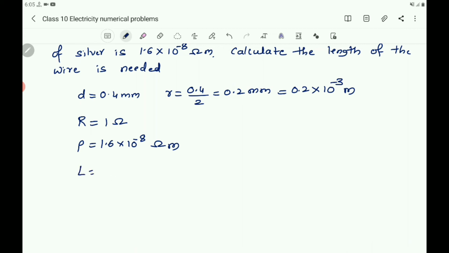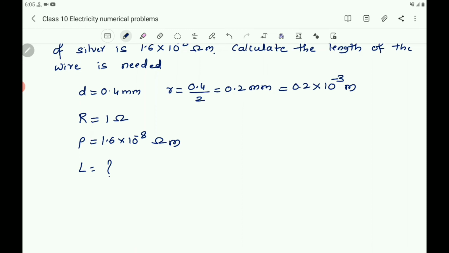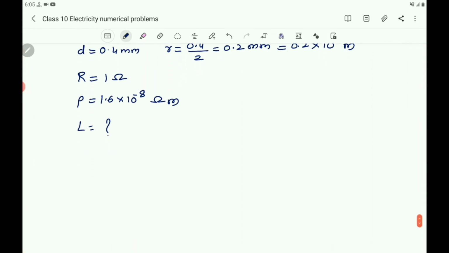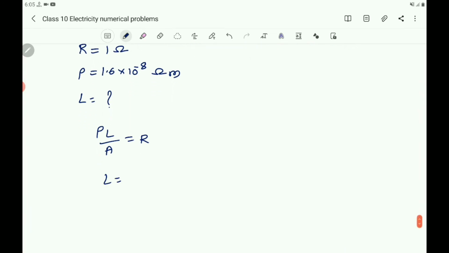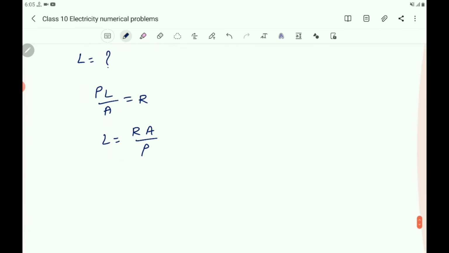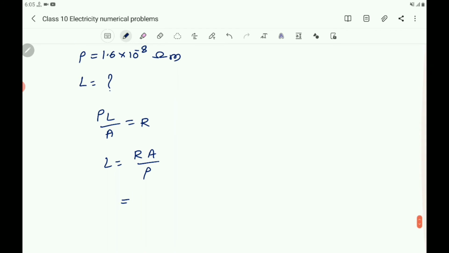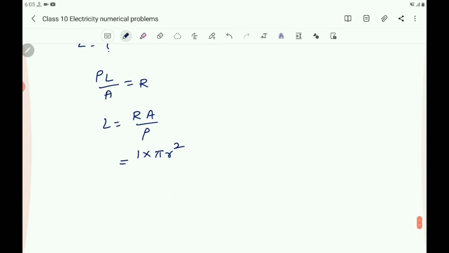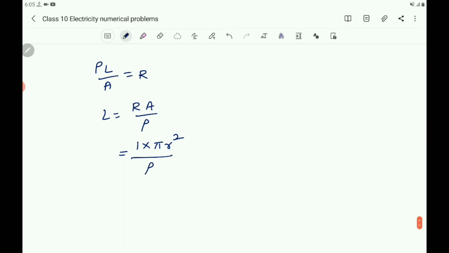So rho into L by A equals resistance. Then L equals R into A by resistivity. R is given 1. A is pi R square, divided by resistivity.